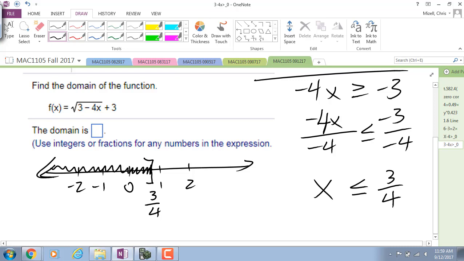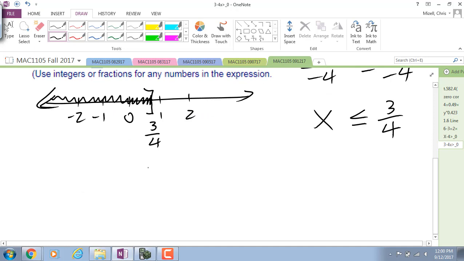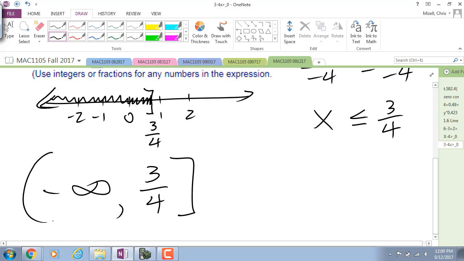In interval notation, 3/4 is the left-hand endpoint or the right-hand endpoint? It's on the right. So when you write the interval, 3/4 goes on the right. And then because it's unbounded to the left, negative infinity goes on the left.